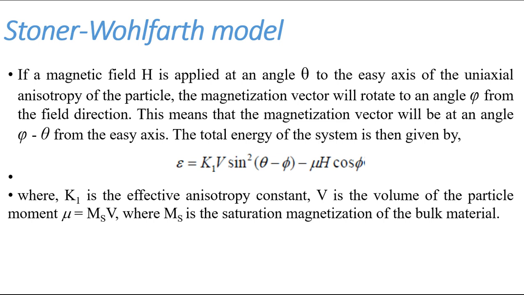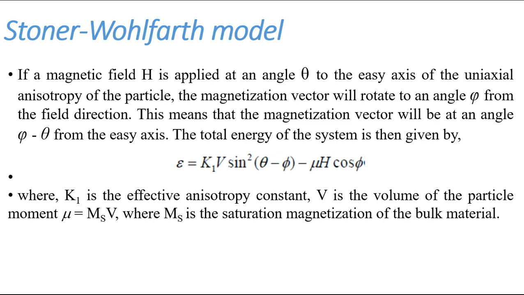So if we go deeper into the model, let us say we have an applied magnetic field at an angle theta to the easy axis of the uniaxial anisotropy of the particle. The magnetic vector will rotate to an angle psi from the field direction.